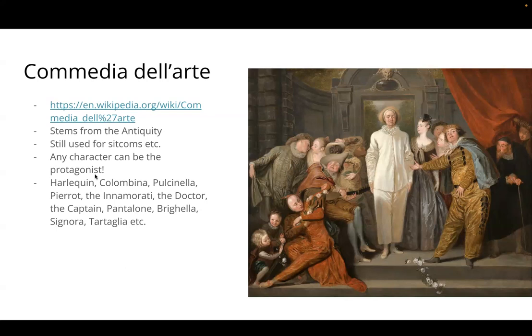The captain is usually faking to be brave, but he's not. And sometimes, by the way, the doctor can also be a fake doctor. He might be really famous, but what he's selling is only fakes, or what he's giving is fake.